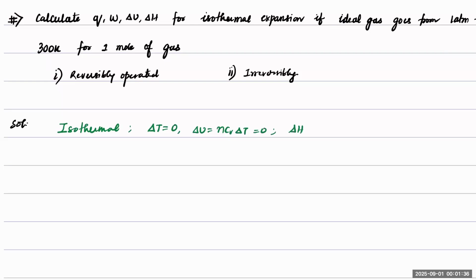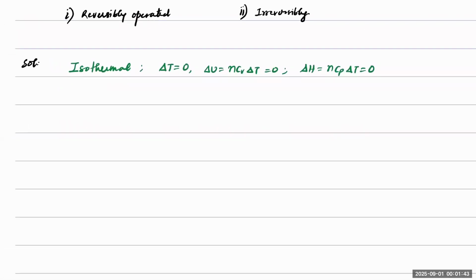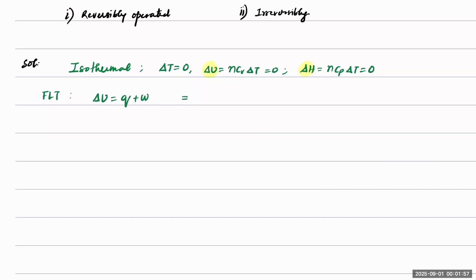Delta H, which is equal to nCp delta T, will also be 0. So first we found two parameters, delta U and delta H, both are 0. And since delta U is equal to Q plus W as per the first law of thermodynamics, Q will be equal to minus W.